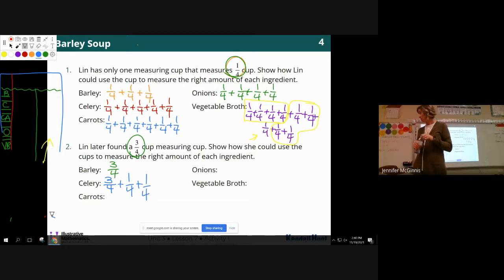Class is over in like 2 seconds. Go. Just go. What are you doing? For onions, she could do 1. For onions, it's just 3/4 and then plus 1/4. And then this one she can do.